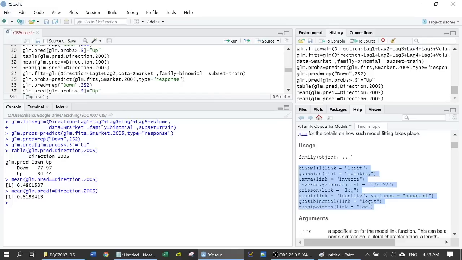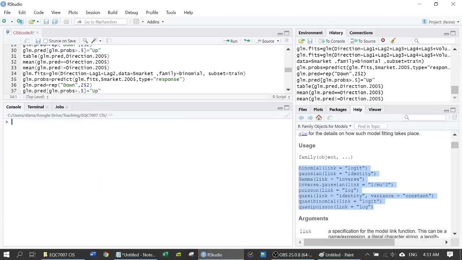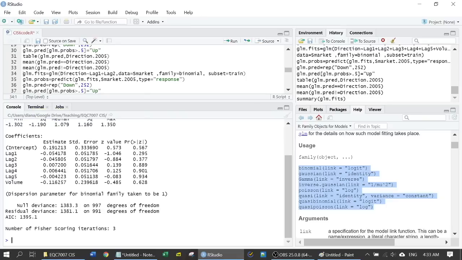Let us just build another model. Before we do that, I just want to get the summary of glm.fits here. We look at the p-values here.